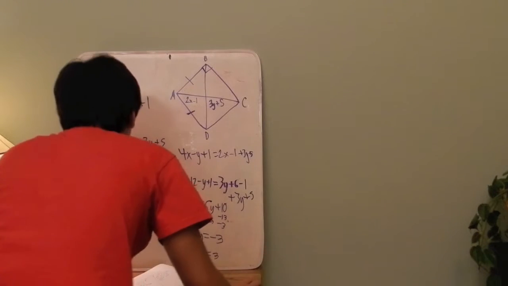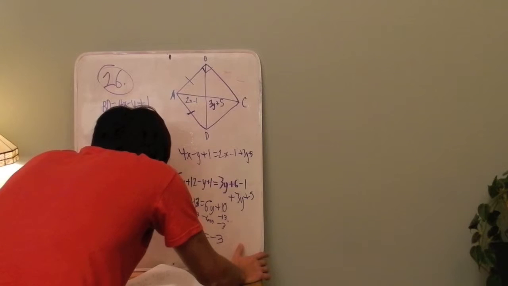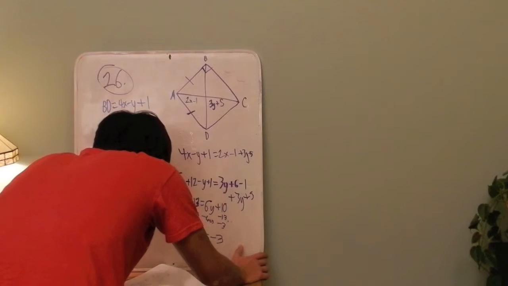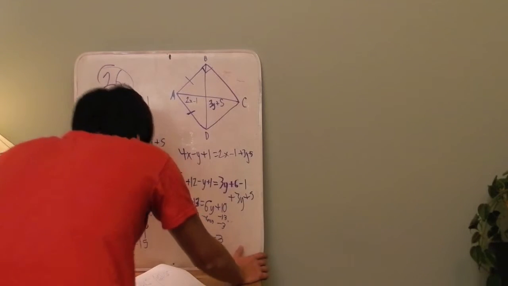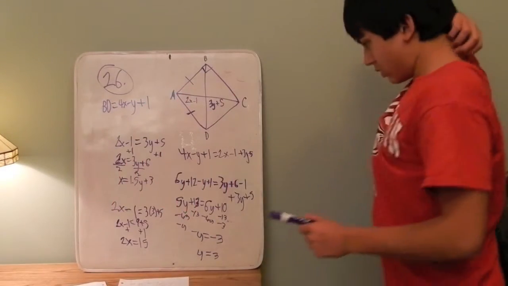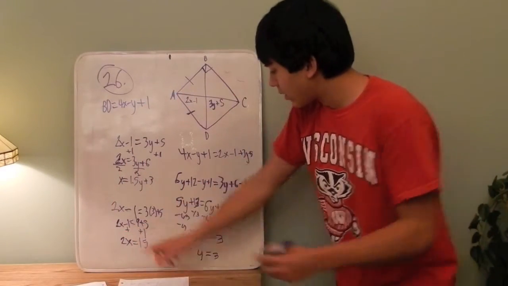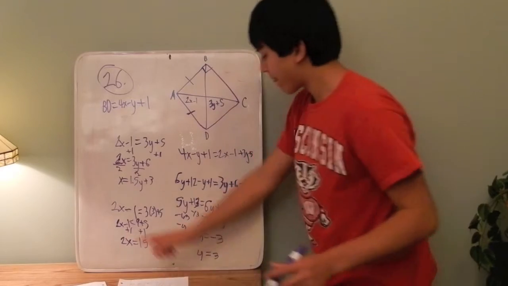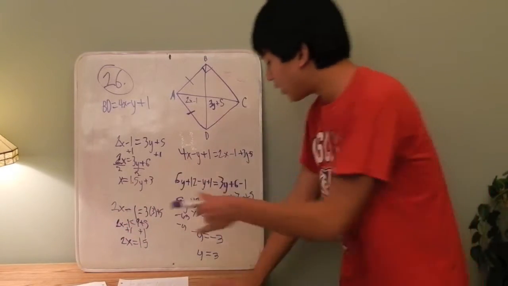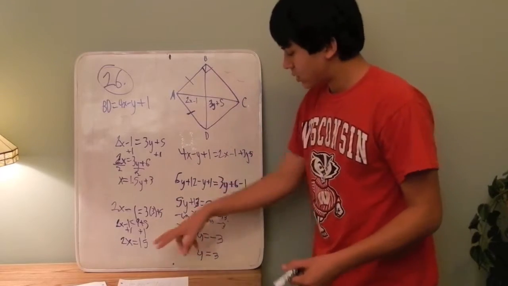well, add 1 to both sides to get the 1 over there. So that's 10, so that's 15. You add 1 to both sides to isolate the variable, and then you add up the like terms to get 15.